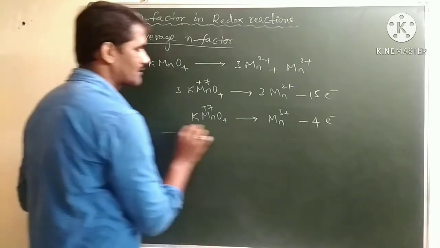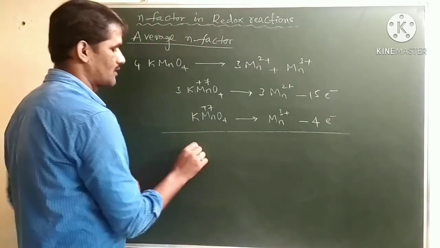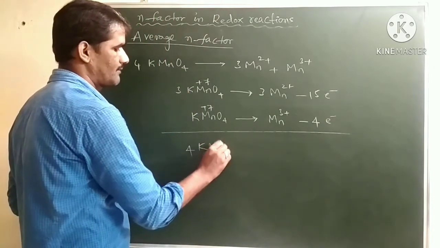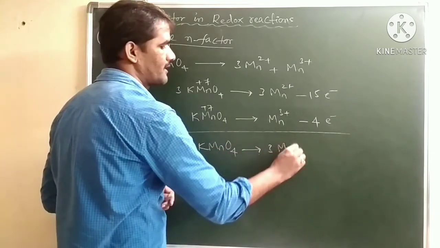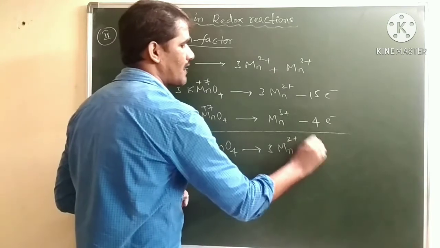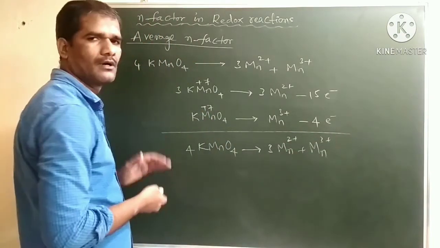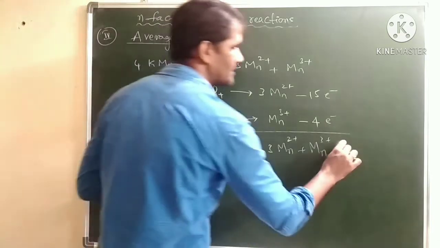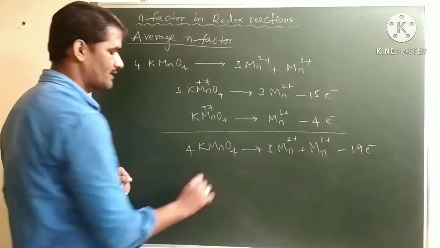Now overall, to convert 4 molecules of KMnO4 to 3 in +2 oxidation state and 1 in +3 oxidation state, all 4 molecules should take 19 electrons. Then what is the N factor?